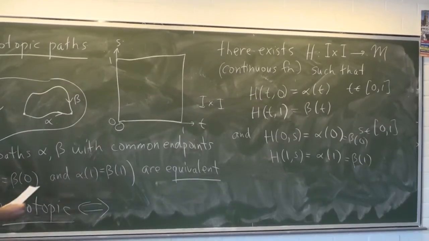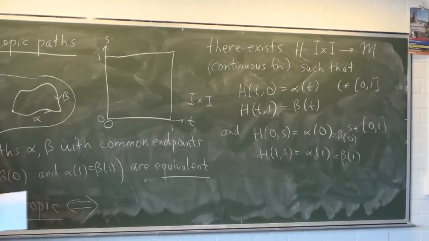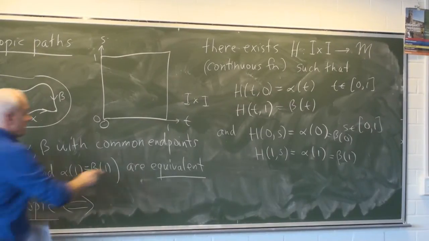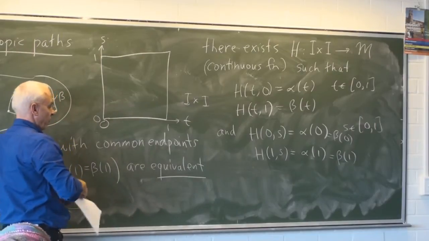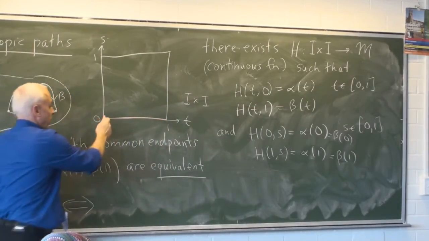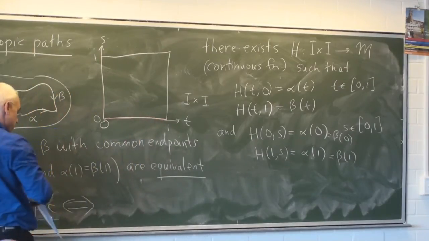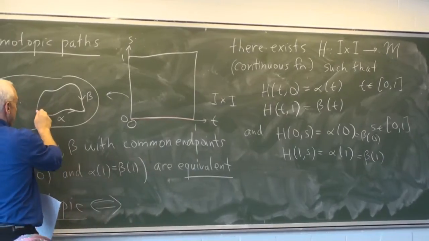We require the following. What's the meaning of these conditions? If we set the second coordinate equal to 0, we're traversing along this path, from t equals 0 to 1, then the image of this map is exactly the curve alpha.